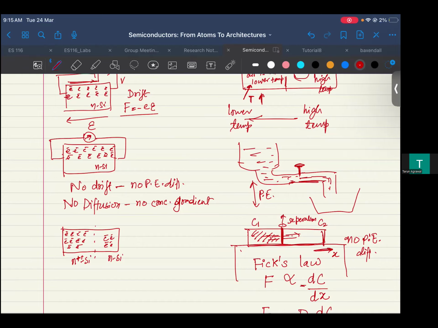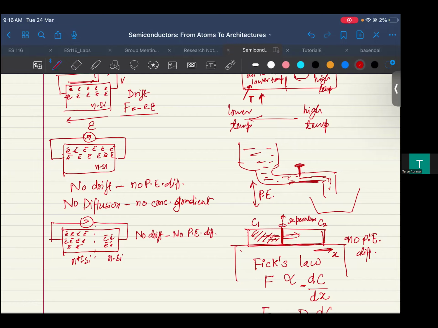Now again, the question is, would you see any drift or current due to drift? No drift. What is the reason? No potential energy difference, right? So no PE difference means no force applied by the electric field. But when electrons move across, would you see a current?